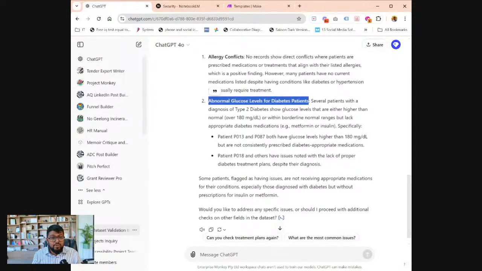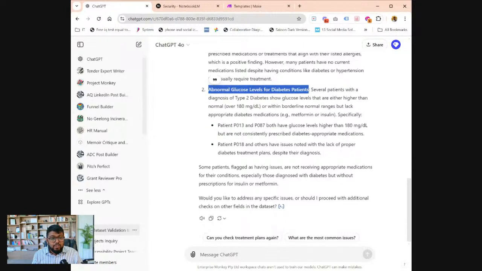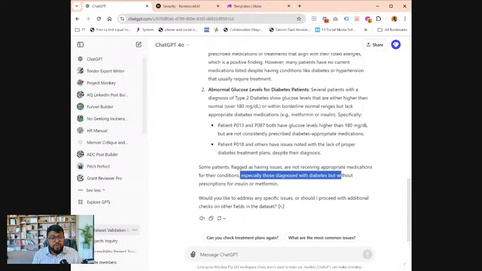Several patients with a diagnosis of type 2 diabetes show glucose levels that are either higher than normal or borderline. And then some patients flagged as having issues are not receiving appropriate medications for their conditions, especially those diagnosed with diabetes but without prescriptions for insulin or metformin. So it has already identified some patients who have been flagged with issues, but they are not receiving appropriate medications. And then it's asking me, would you like to address any specific issues, or should I proceed with additional checks?